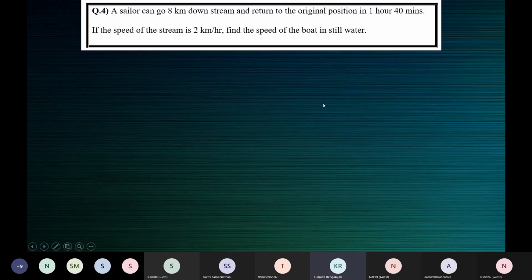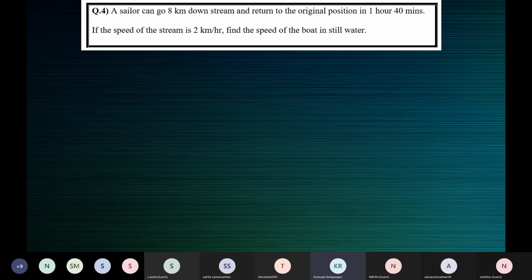Let's see this one. A sailor can go 8 kilometers downstream. These terms downstream, upstream, we have already seen in the chapter linear equations in two variables, which we had for term 1.